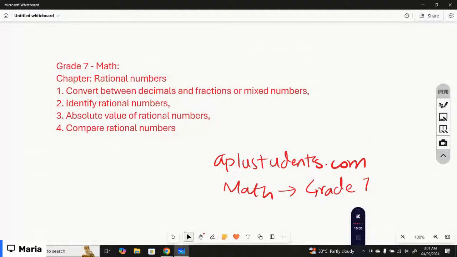The lessons we're going to cover today are convert between decimals and fractions or mixed numbers, identify rational numbers, absolute value of rational numbers, and compare rational numbers.